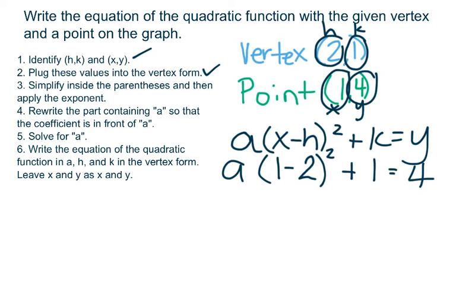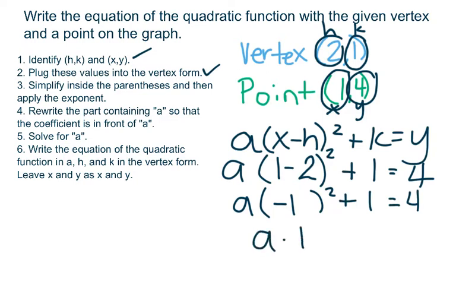Number 3, simplify inside the parentheses and then apply the exponent. So if I do 1 minus 2, I get negative 1. And now I'm going to apply the exponent. A negative 1 squared is 1. And then we're going to rewrite the part containing a so the coefficient is in front of a.